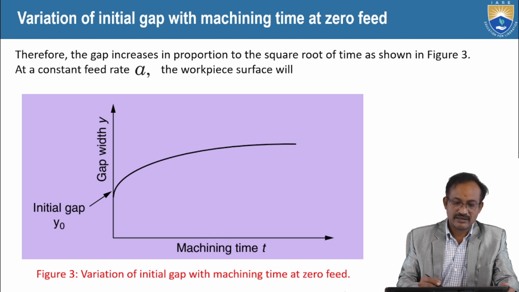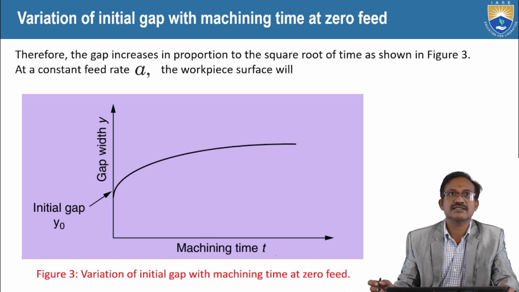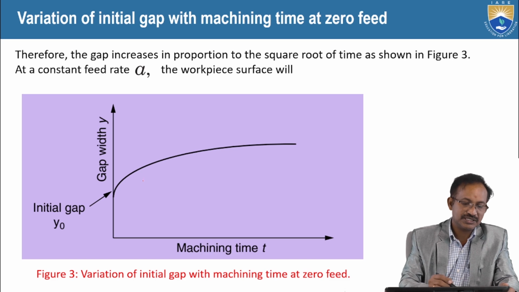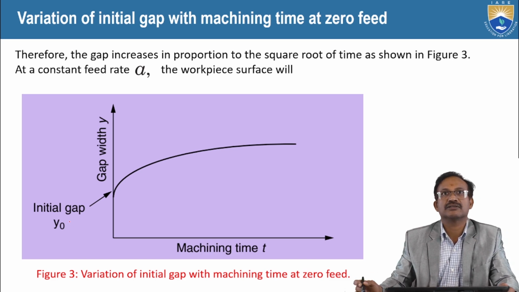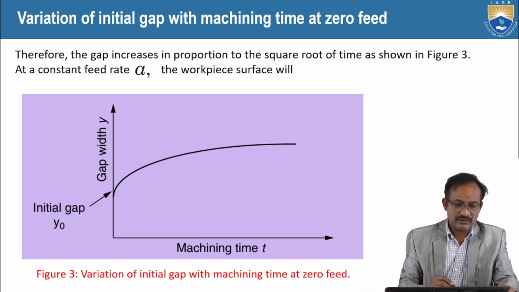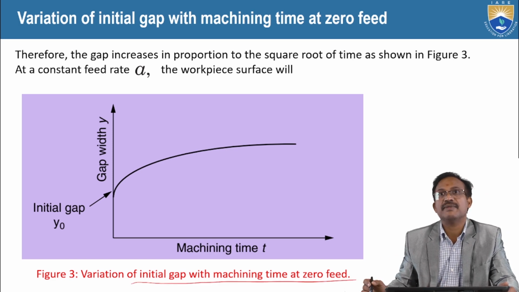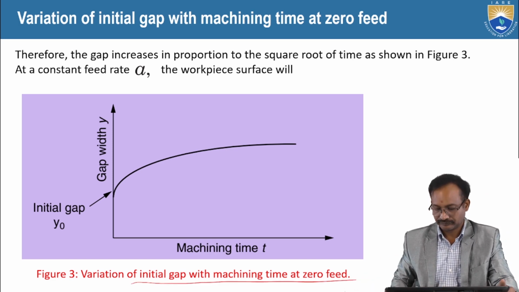See here, machining time in x-axis and gap width in y. So this is the initial gap y naught. So this will be representing variation of initial gap with machining time at 0 feed.